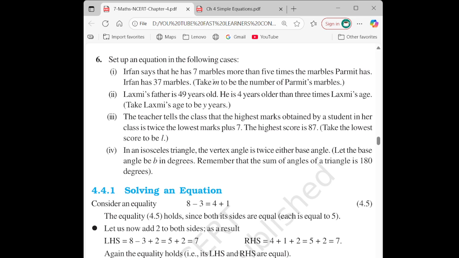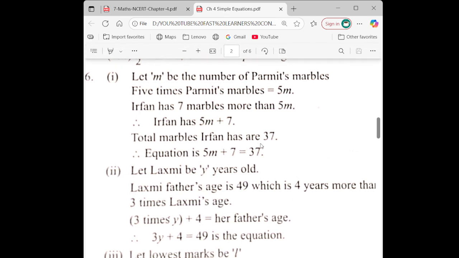Here you are already told to take m for Parmit's marbles. Here also for Lakshmi's age y years is given to you. So for forming the equation, the variables are already given and you just have to use those.